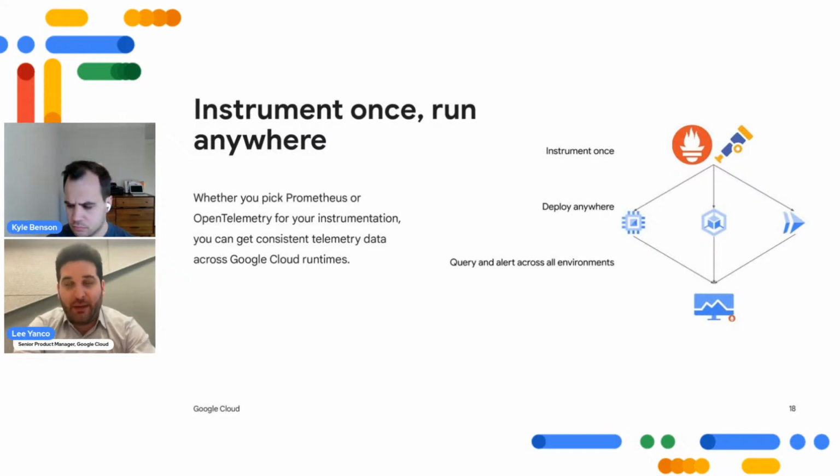So in many ways, what I would say is if you're already using Prometheus, it's probably mostly straightforward to use managed Prometheus and the managed Prometheus collectors. If you're starting greenfield, or if you are trying to migrate from a mess of other standards such as StatsD or FluentBit or something like that, OpenTelemetry is likely your best bet. But you can absolutely mix and match these two and use them all together.